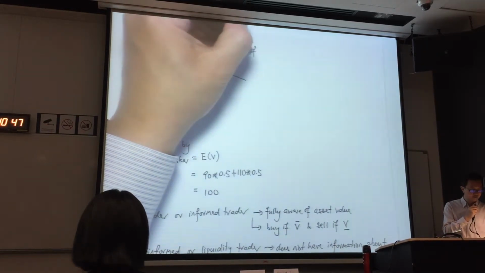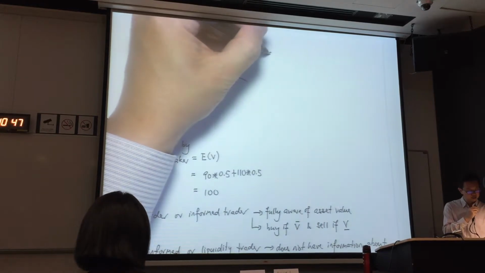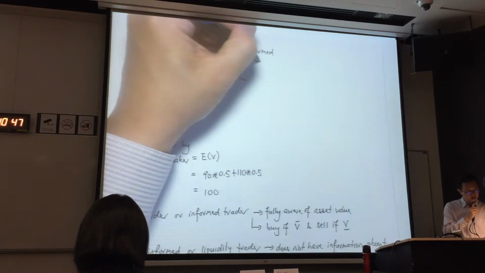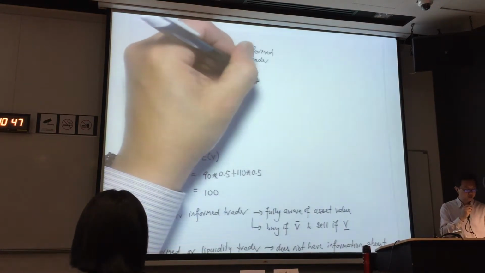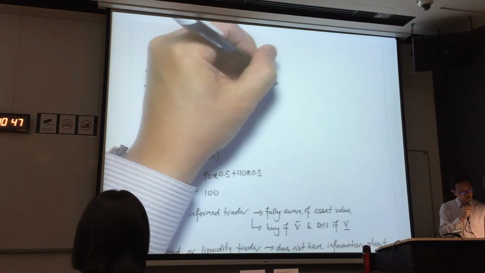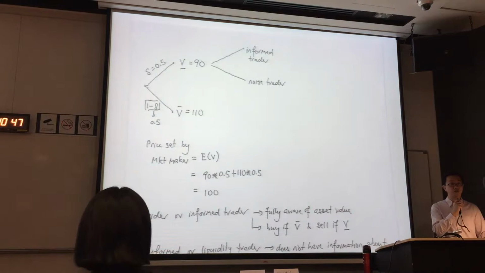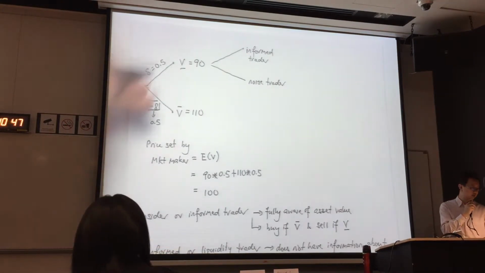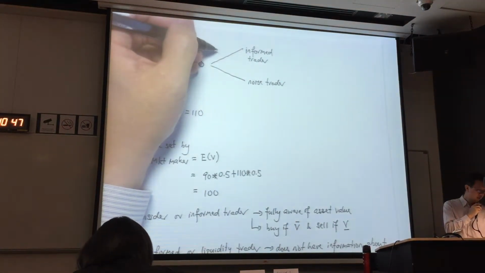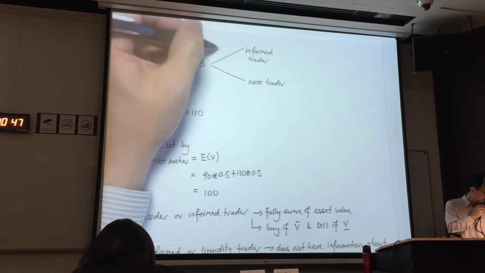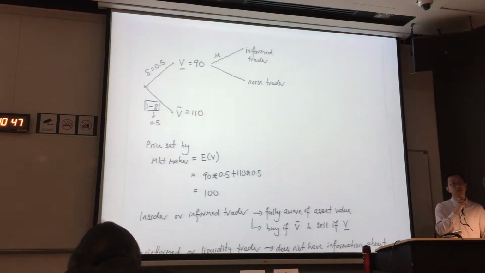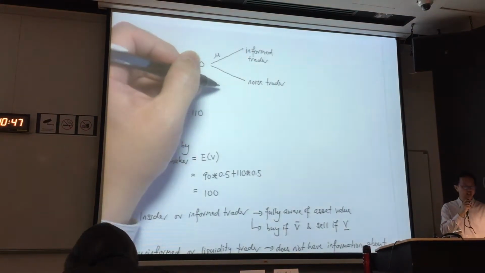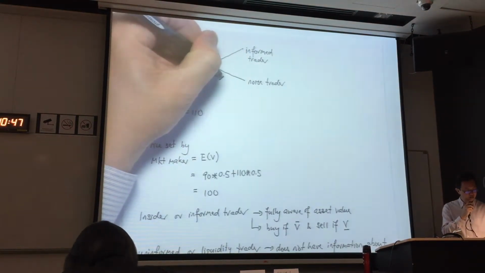So this is informed traders, and this is noise traders. Referring to the diagram in your slides, the probability for informed traders to trade is given by the Greek letter mu. So the probability of noise traders trading is 1 minus mu.